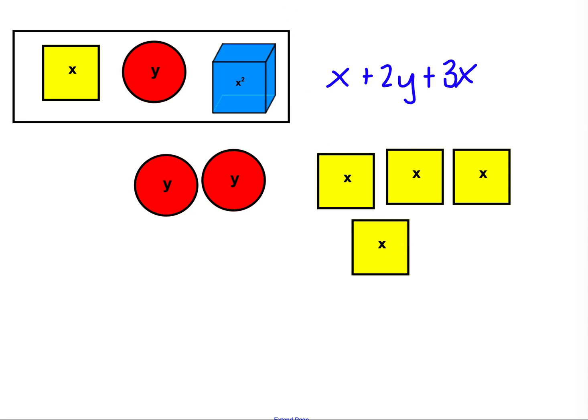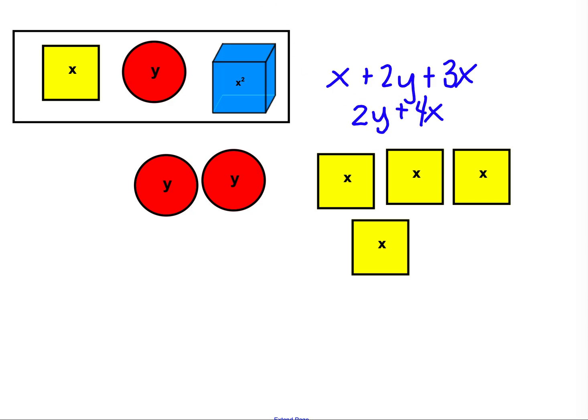So if I wanted to write my new simplified expression, I could write it this way: 2y plus 4x. Or I could have put the x's and moved the pictures up here, and I could have written it as 4x plus 2y. Remember, addition is commutative.